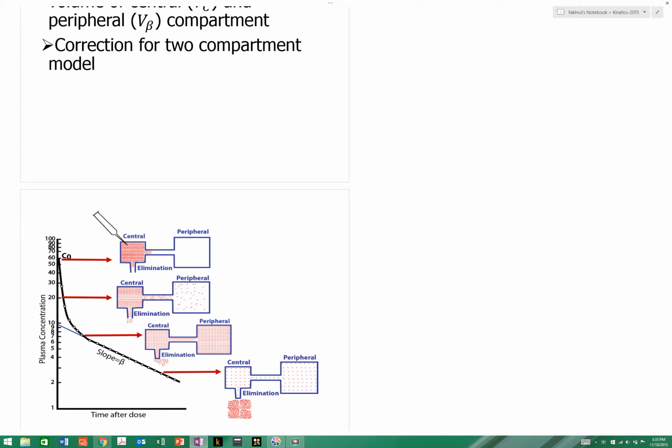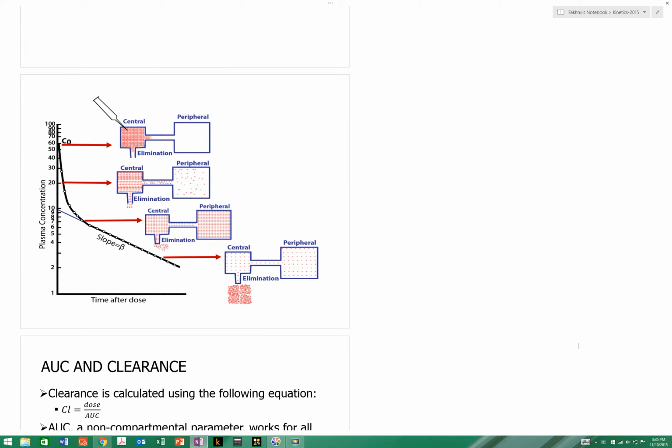As you remember in the class, I was talking about the central compartment volume being smaller than the peripheral compartment. Based on this assumption, we have made some calculations too.